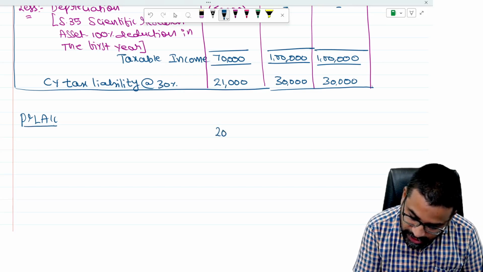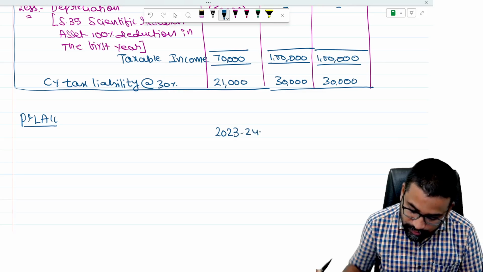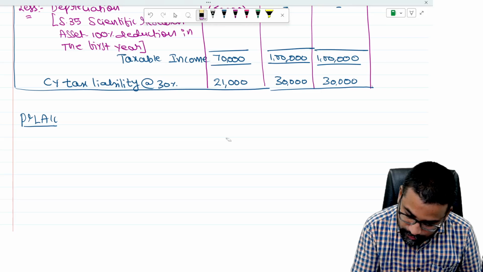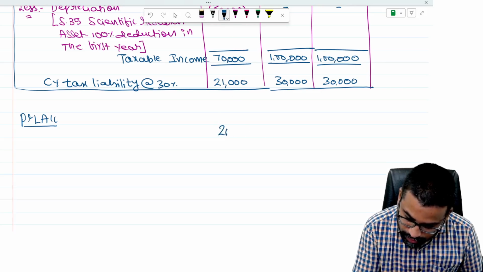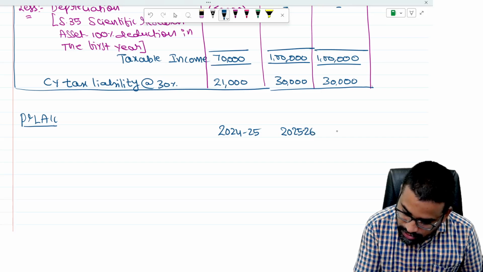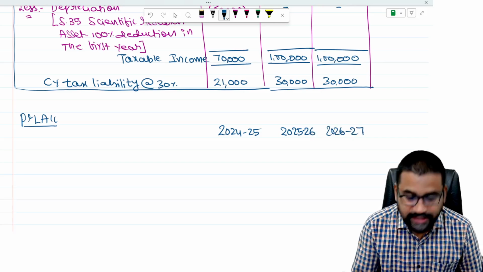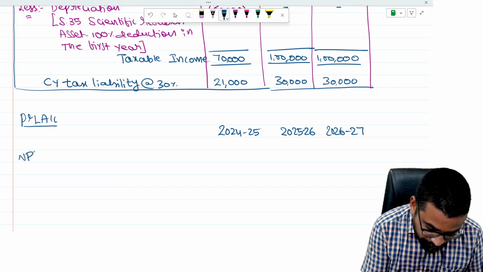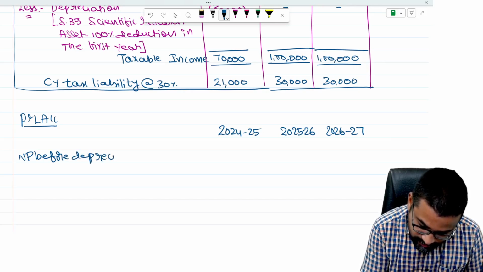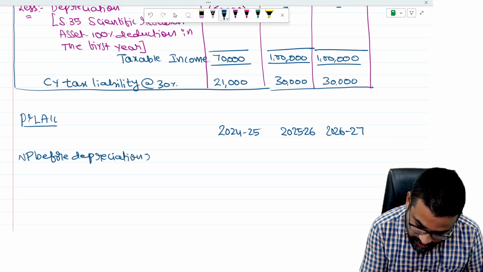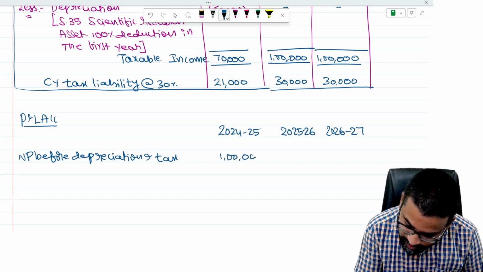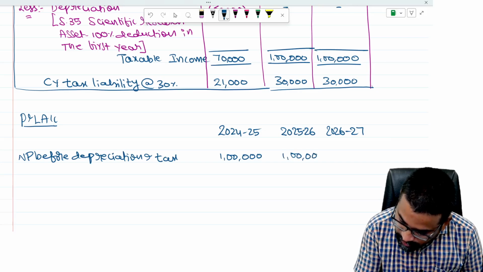Same years: 24-25, 25-26, 26-27, 3 years. What is my net profit before depreciation and tax, sir? Same, 1 lakh, 1 lakh, 1 lakh.